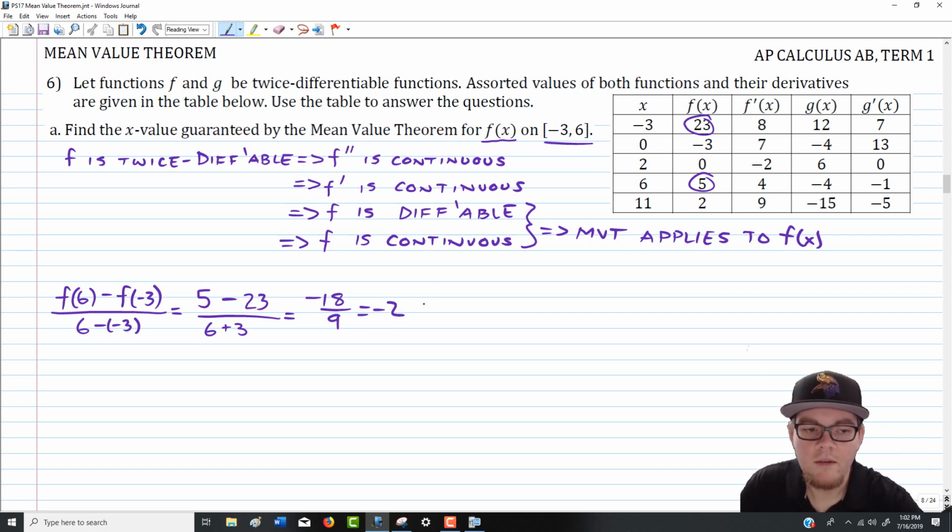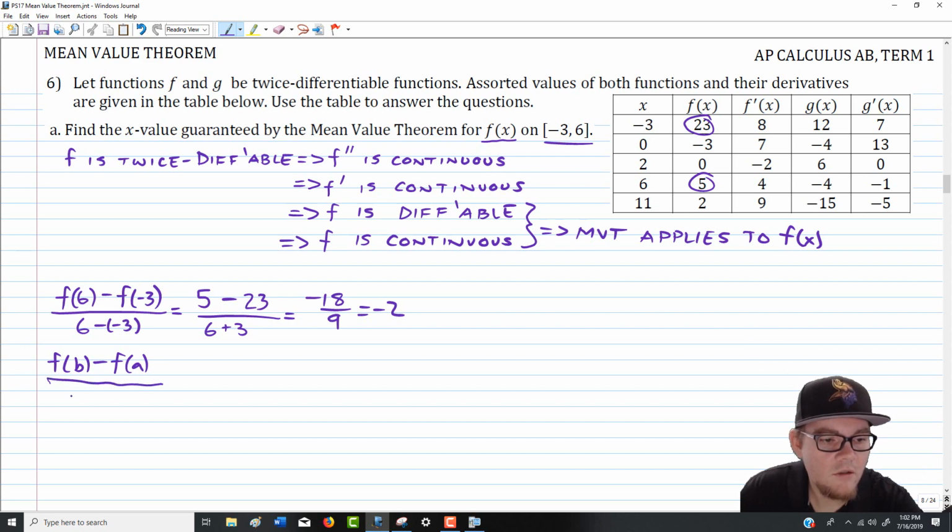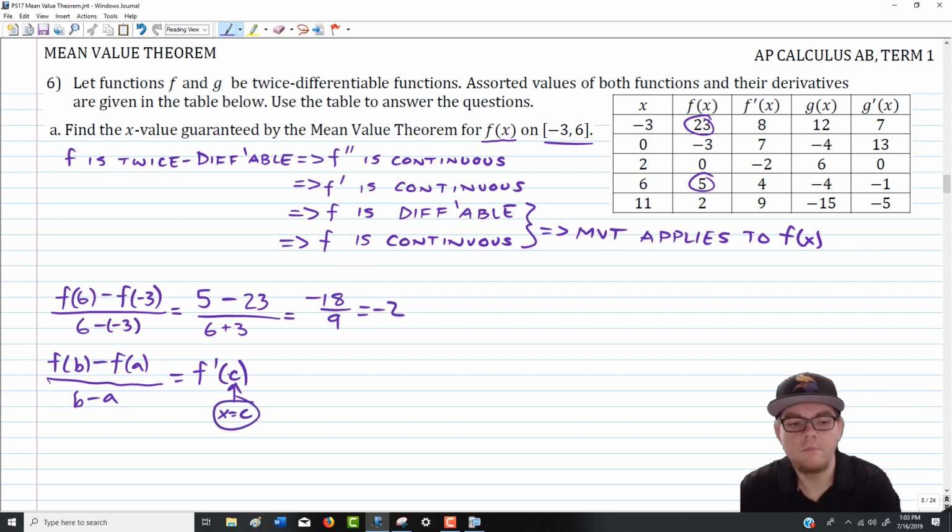So we just found the average rate of change. Remember, though, what the mean value theorem says is, given continuity and differentiability in appropriate ways, the average rate of change is going to be equal to the derivative at some x value c. So we want to figure out what that x value is.